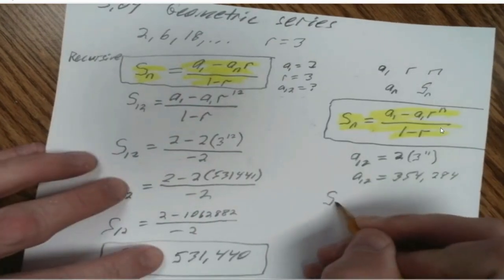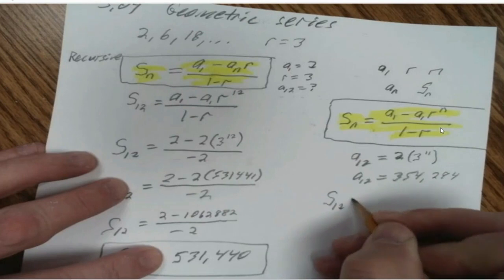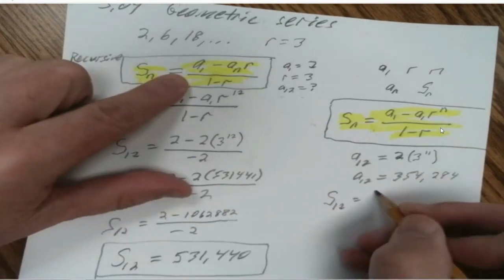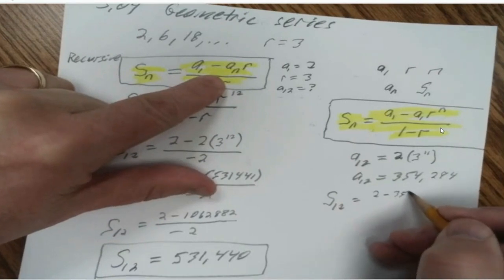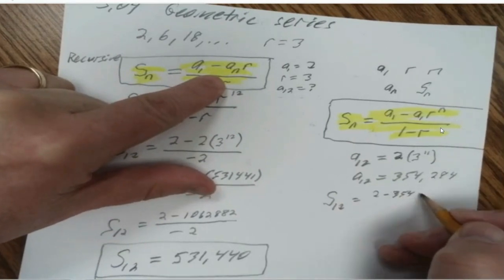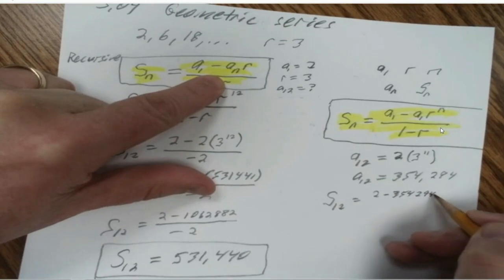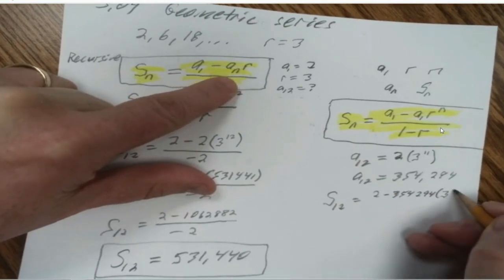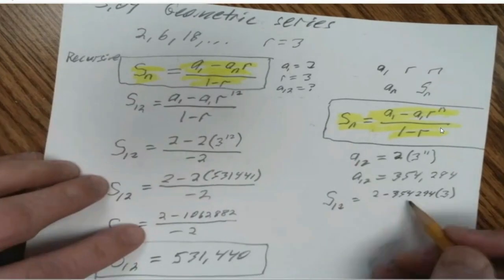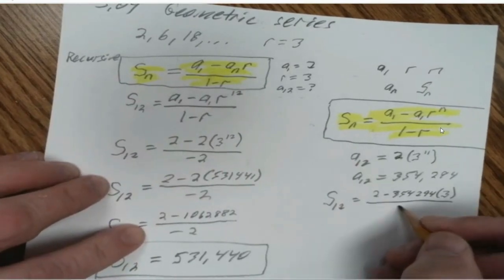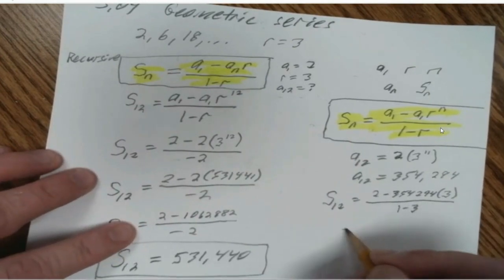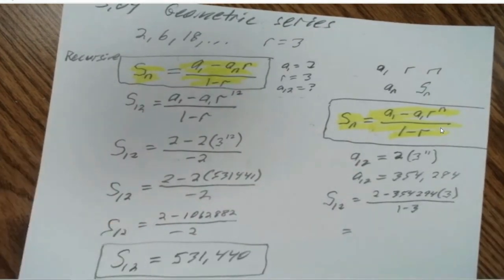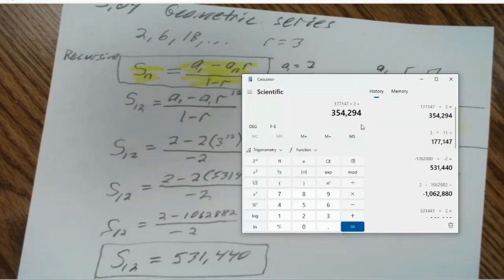So the sum of the first 12 terms would be 2 minus 354,294 times R, which is 3, divided by 1 minus R, 1 minus 3. So that will equal, let's multiply that together first. There's our 354,294.